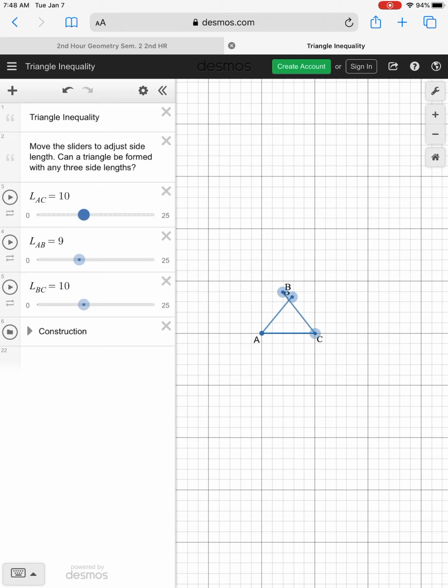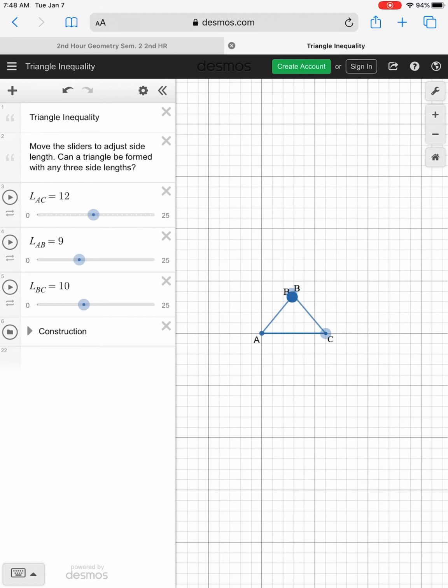But if I do have a number that's smaller than 9 plus 10, I can connect these to make a triangle. So the first thing we want to do is decide if the biggest side is smaller than the sum, the adding, of the two smaller sides.